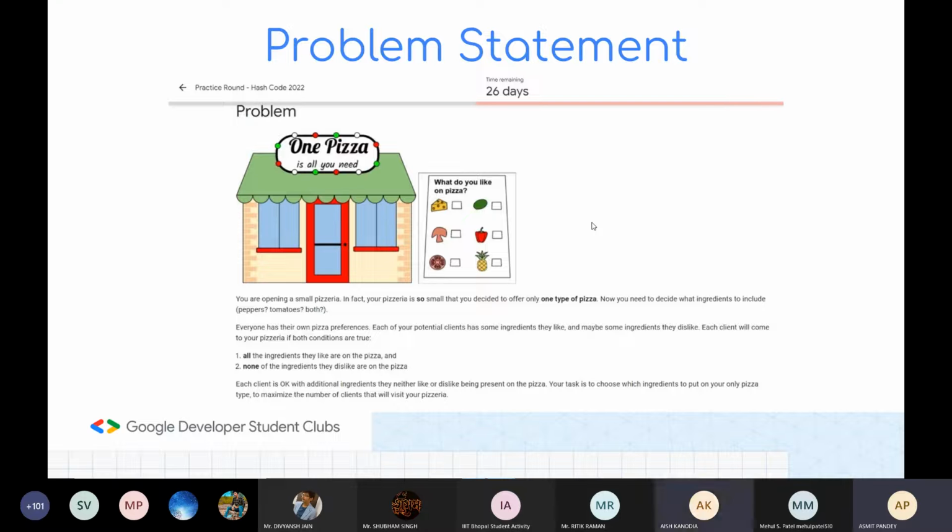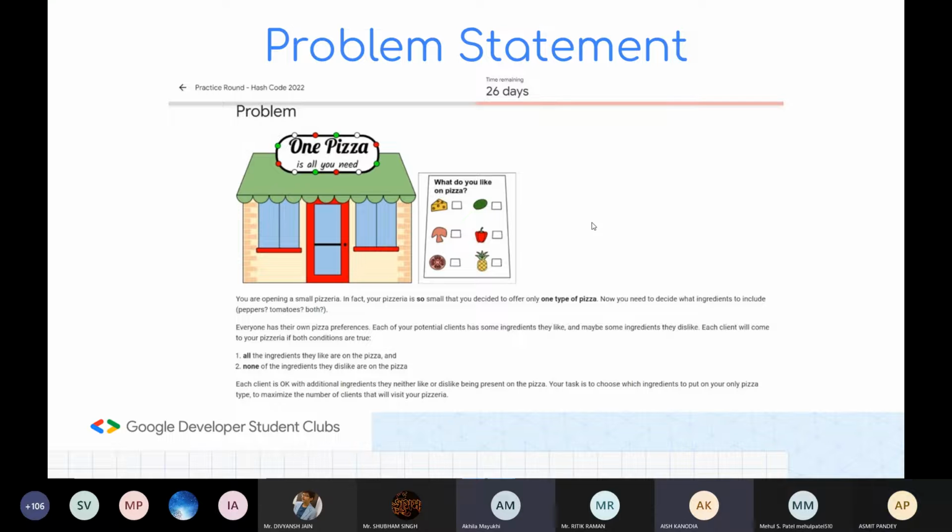Okay, sir. Here is the problem statement from this year's practice round, the practice round that is currently going on for Hashcode. Can you please throw some light on what the question wants us to do? So this problem is saying we have a pizza, and the pizza is offering only one type of pizza, and we have multiple ingredients like pepper, tomatoes, and pineapples.